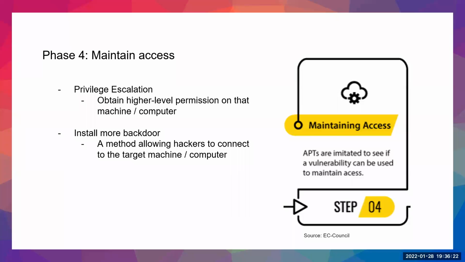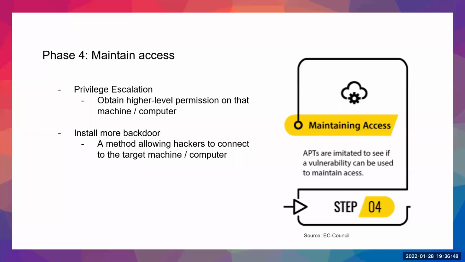So going up to the higher level permission on the machine that's allowed. Alternatively, what you can do is create more vulnerabilities and inject more backdoors so that you will have a lower chance of getting detected and still maintain access without getting cut off from the website.